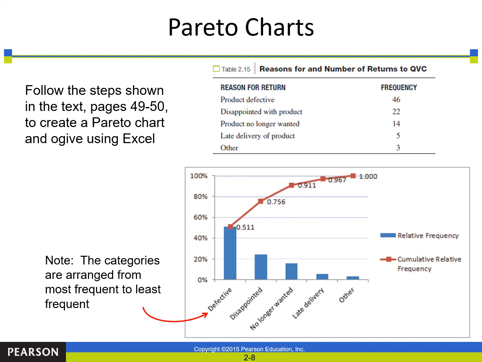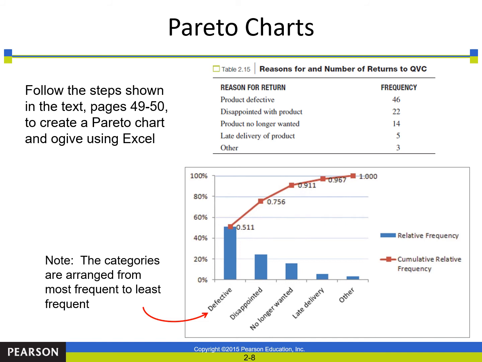Okay, why do we care about this method? This is done so we can easily identify problems that cause the most issues and target this particular category if we would like to see some improvements. Now, what is this red line? This red line represents cumulative relative frequency.